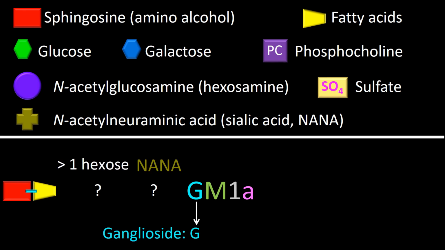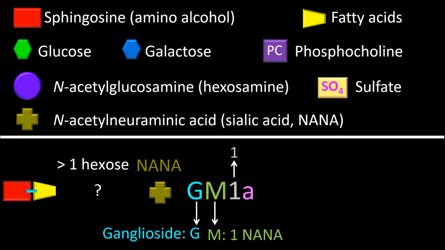G tells us that we're dealing with a ganglioside made of sphingosine and fatty acid, with as of yet an undetermined number of exos, but we know more than 1 and at least 1 nana. Then M tells us that there's only 1 nana or sialic acid, which I have added in this frame.